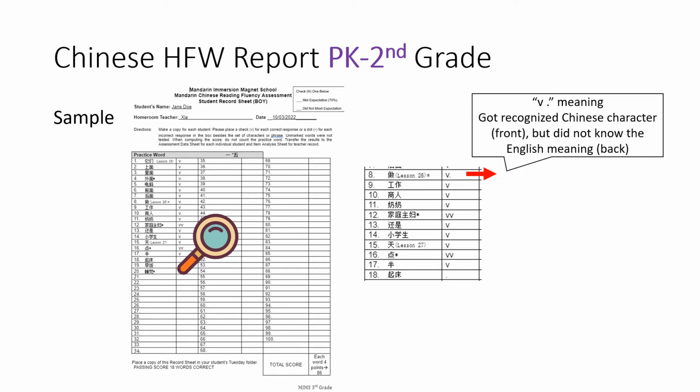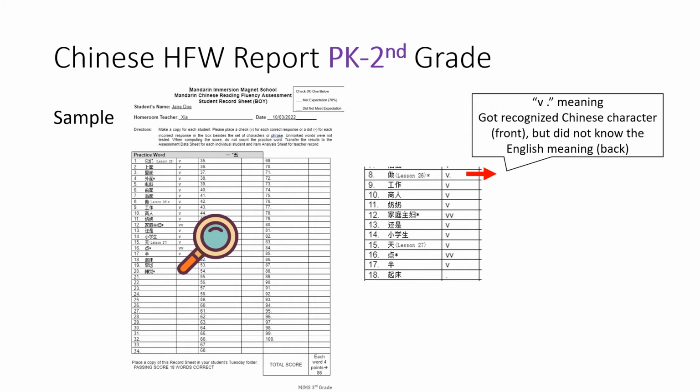If you see a check, it means the student mastered it or got the correct answer; the dot means they got it incorrect. Some items have both, check check or check dot or dot check. That means any character that has a star following the character requires the students to answer in both Chinese and English.